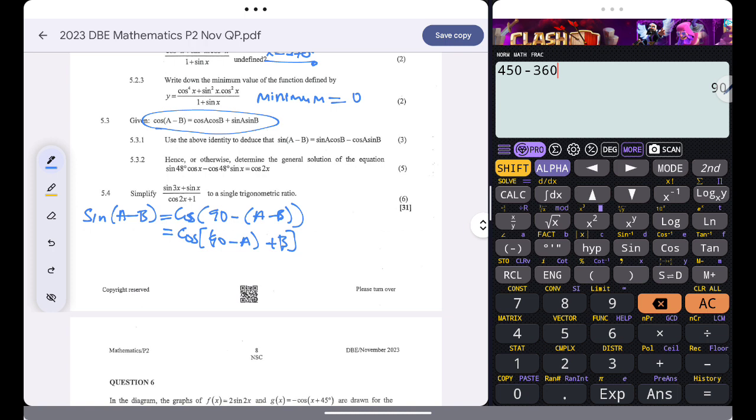But remember that in our given identity, we don't have a plus between the two angles. We have a minus, so that means we must change that plus to have a minus.